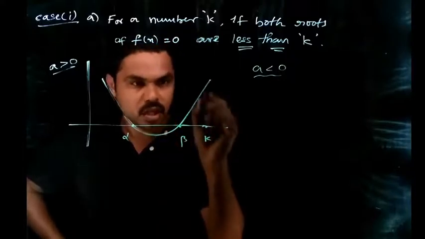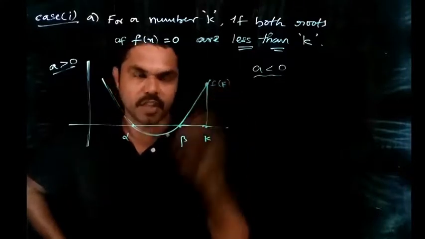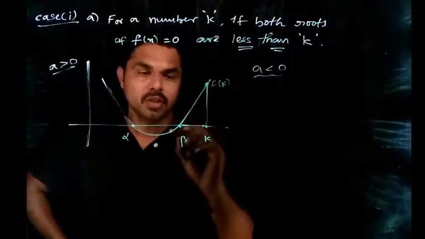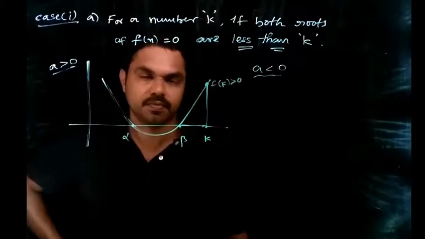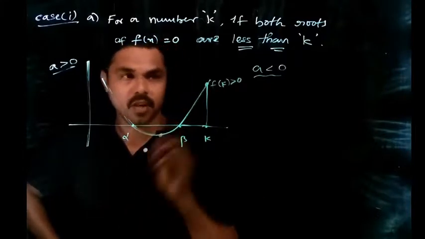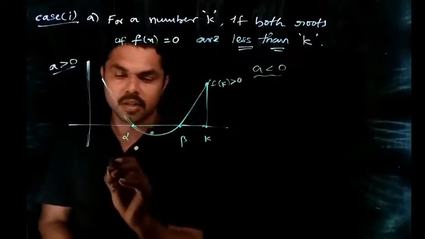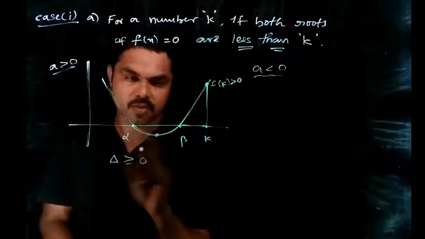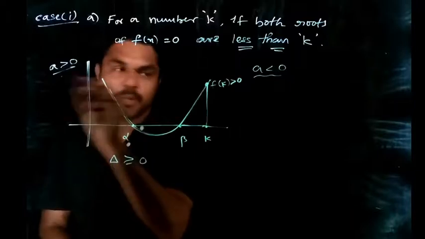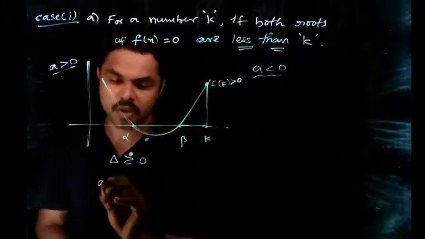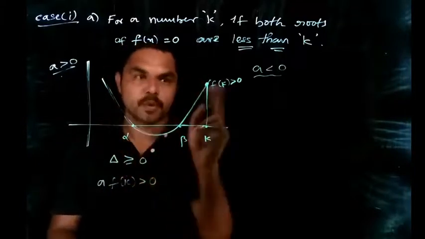Now f(k) you will get here. Above the x-axis we have a positive y value, so f(k) is positive. The conditions are: delta is greater than or equal to 0, because we got 2 roots. Second, a is positive and f(k) is positive, so a times f(k) is positive.